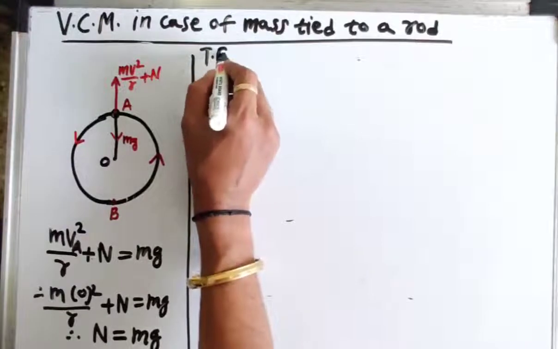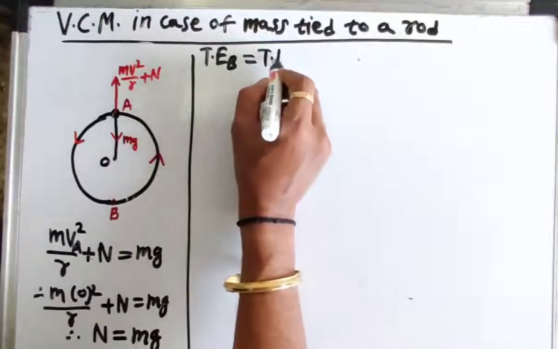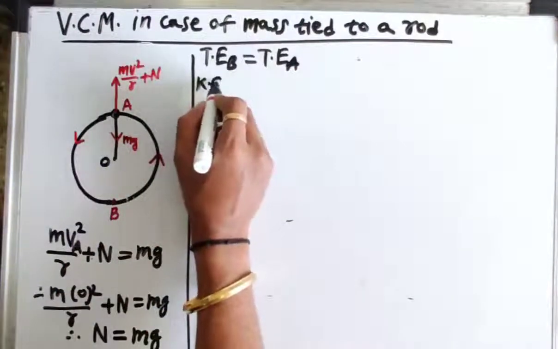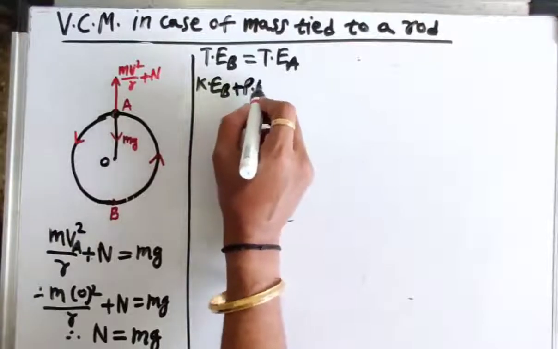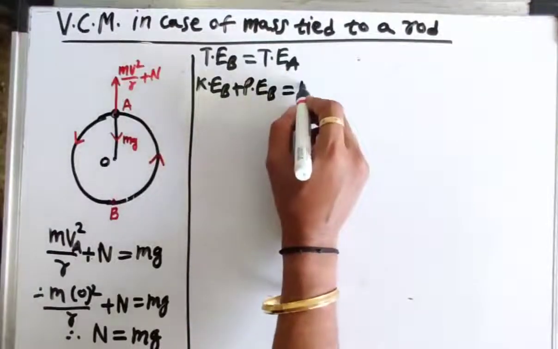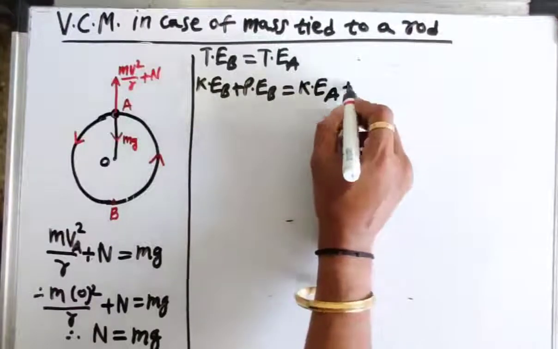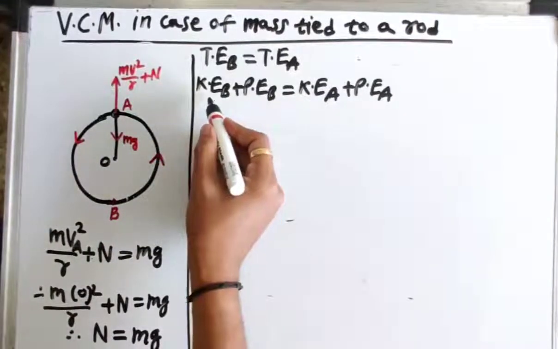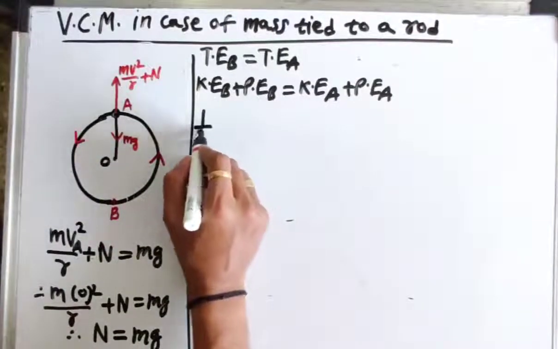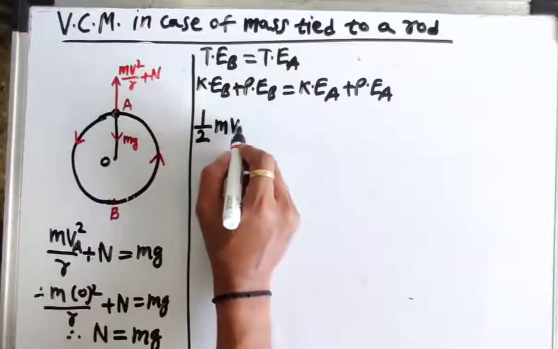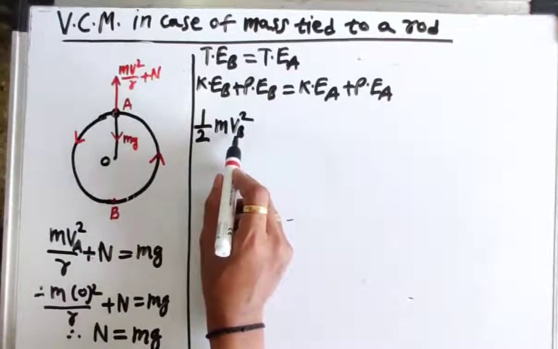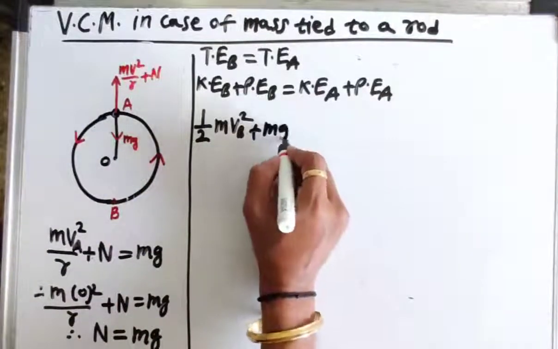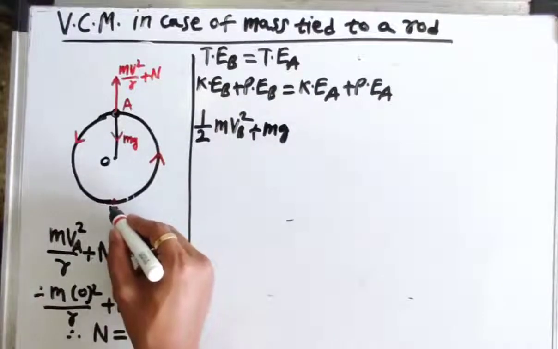This is kinetic energy at B plus potential energy at B is equal to kinetic energy at A plus potential energy at A. Kinetic energy at B is half m vB square, where vB is the minimum speed at the lowest position, plus potential energy at B, mgh, where h is 0 because point B is at ground level.